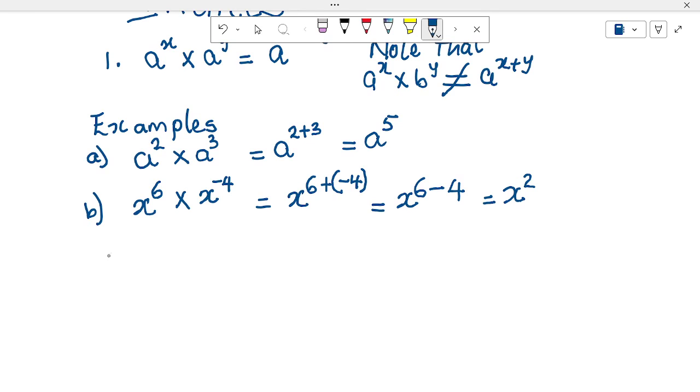Let's take another example. Say p raised to power minus 5 times p raised to power minus 3.